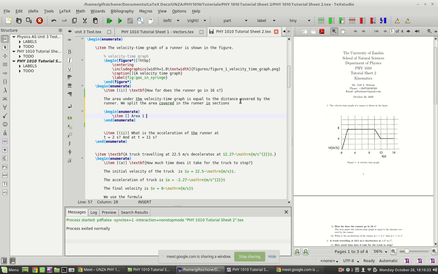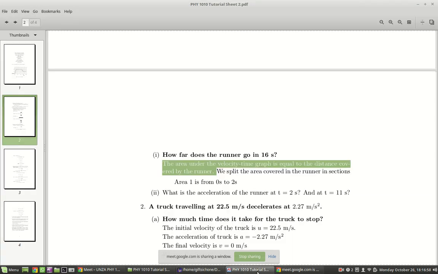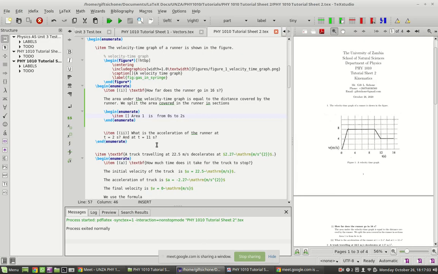Area 1 is from 0 seconds to 2 seconds. Okay, area 1 from 0 seconds to 2 seconds.